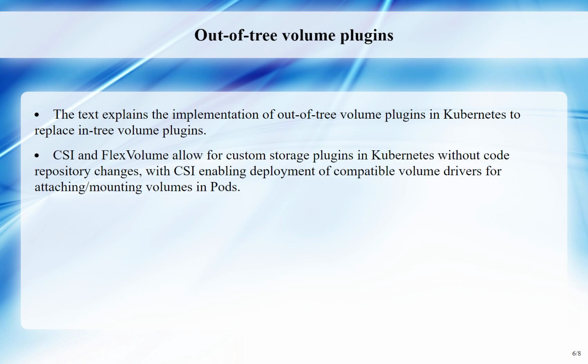However, with the introduction of CSI and FlexVolume, storage vendors can create custom plugins without checking code into the core Kubernetes code repository. CSI defines a standard interface for container orchestration systems to expose storage systems to container workloads, while FlexVolume is a deprecated out-of-tree plugin interface that uses an exec-based model.